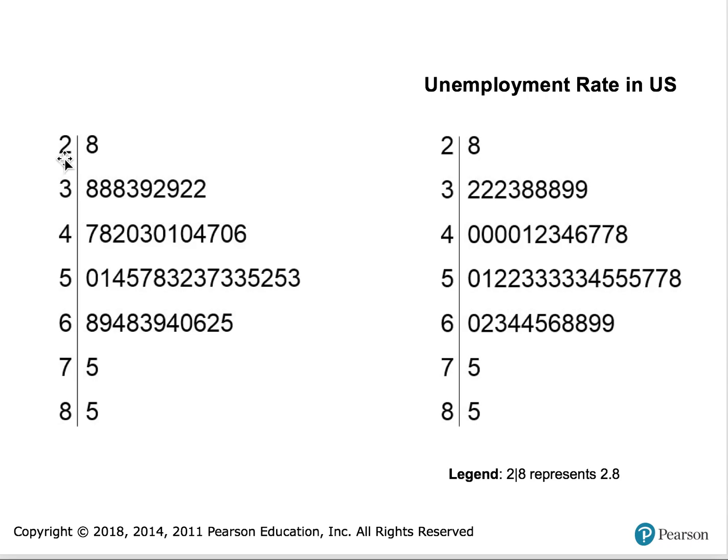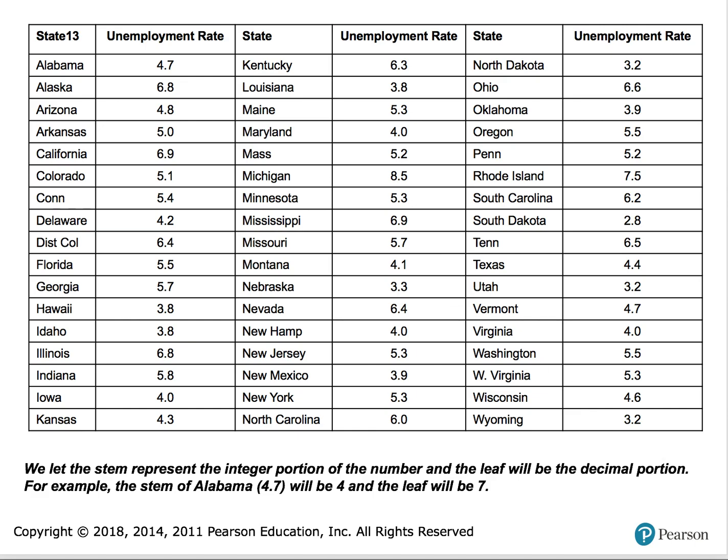And for every one, let me do this over here just so we can see. I'll just do it for a minute. So let's make it right here: 2, 3, 4, 5, 6, 7, 8. Here's a handy way to do it. Just go down the list.